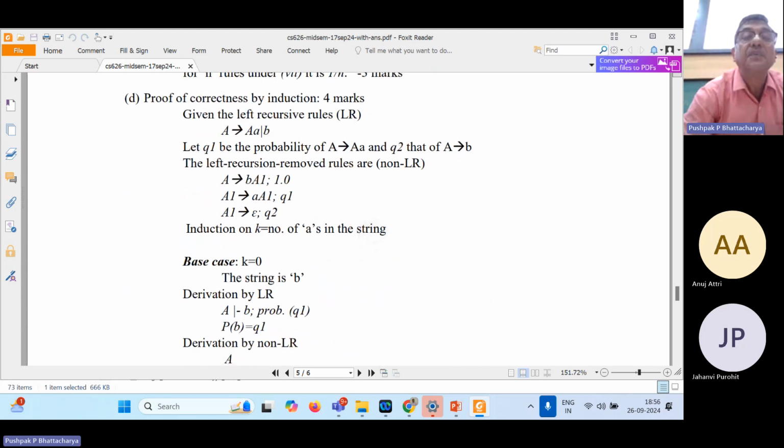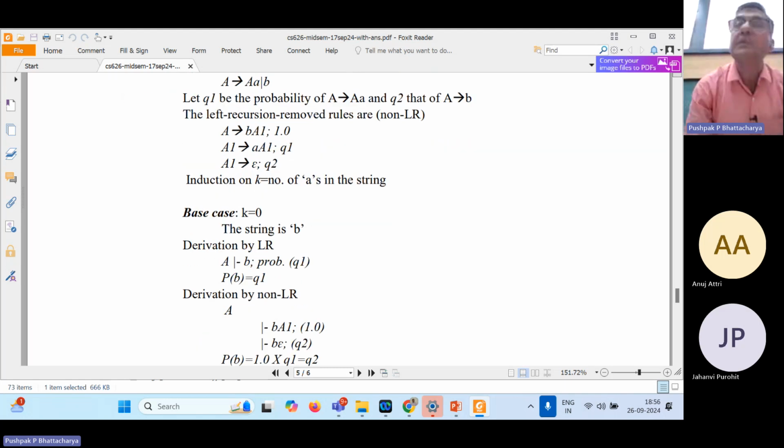The last part was proof of correctness by induction. So I wanted you to use induction. Induction is not necessary here, but you have to use induction there. And there, as is the formal procedure for induction, you have to first set up the base case. The base case is k equal to 0, no a's.